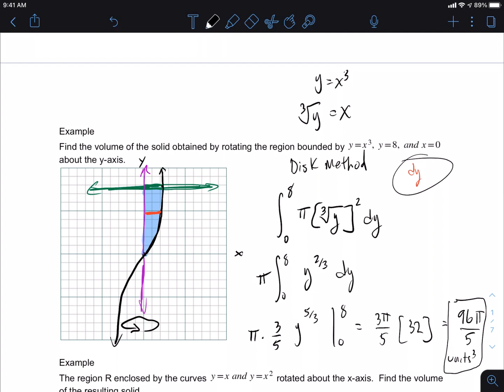Do you agree with that? Make sense? So if you have a cross-sectional slice that's going to cross the x-axis, you must have everything in terms of x. If it crosses the y-axis, the cross-sectional slice, you must be in terms of y. Got it?